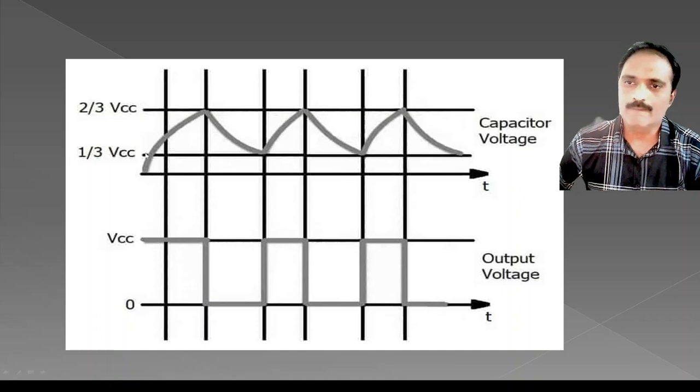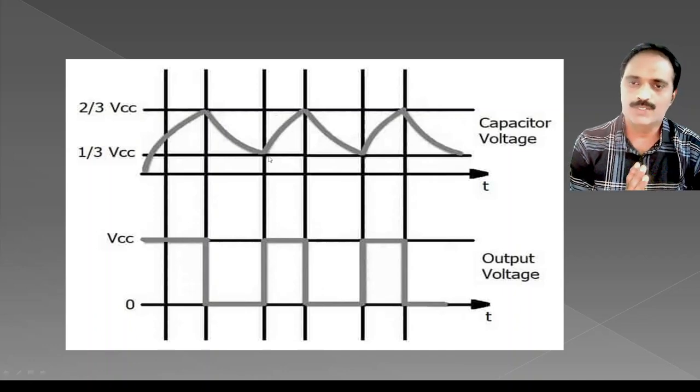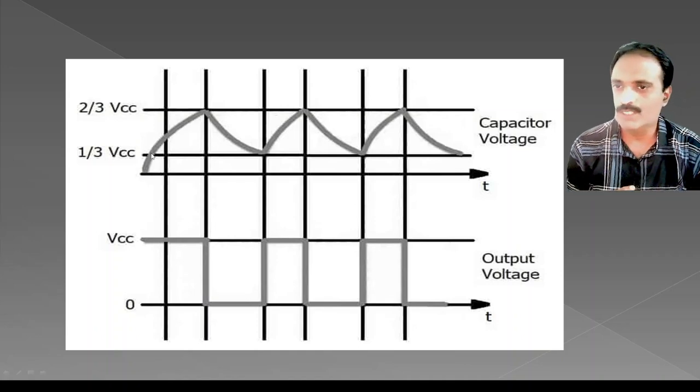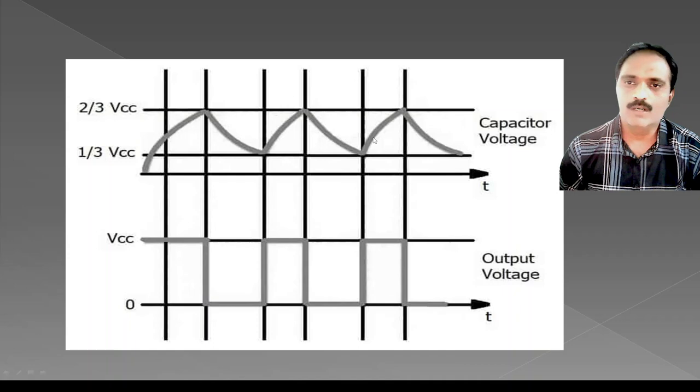You can see here, this is the charging of the capacitor up to 2/3 of VCC. Once it reaches this threshold level, it comes to the discharging mode. During this period T1 will be off, and during this period T1 will be on, and it continues, T1 on, T1 off, like that.